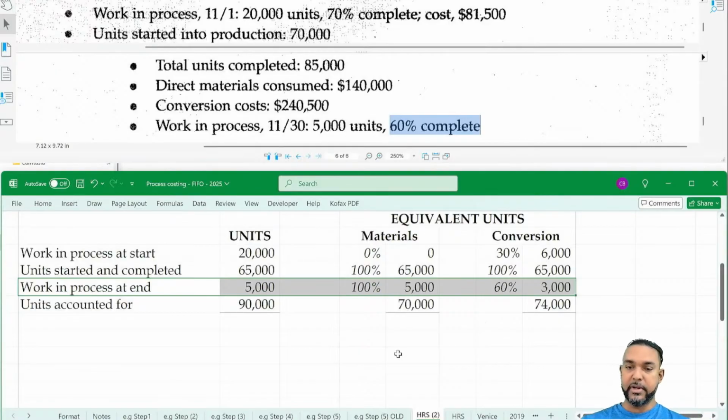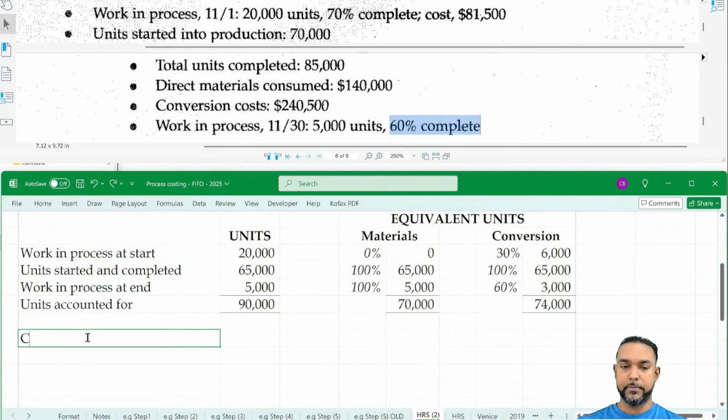All right, so I'll give you guys a few minutes to start with the costs, because that's the next thing you need to do. Let's bold that. Of course we know we have two sections.